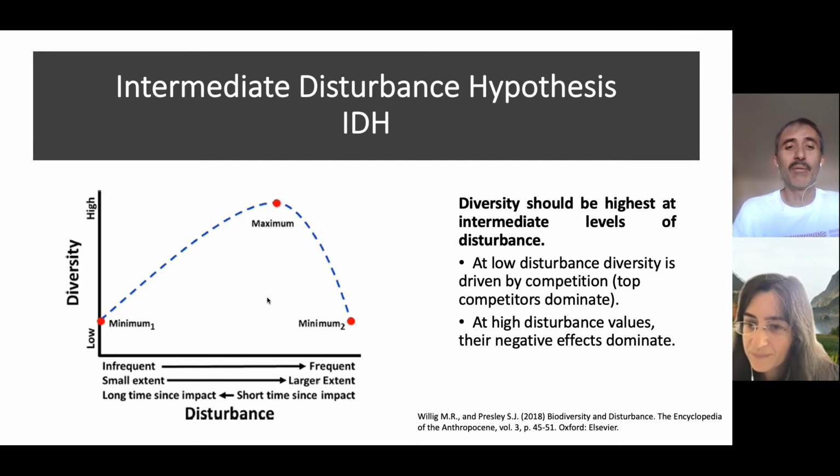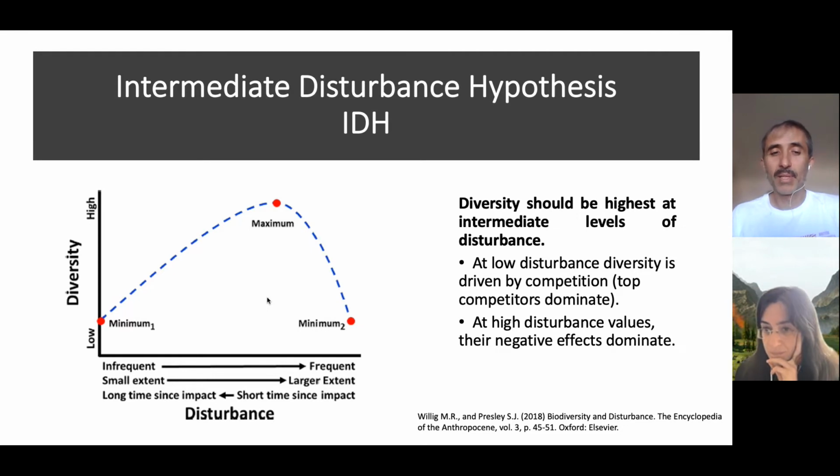If we don't have much disturbance, then the environment is just fighting for resources and space. So there are a few strategies you can use to better use water and light, occupy the space and disperse across the space. So there are only a few types of species with these strategies.